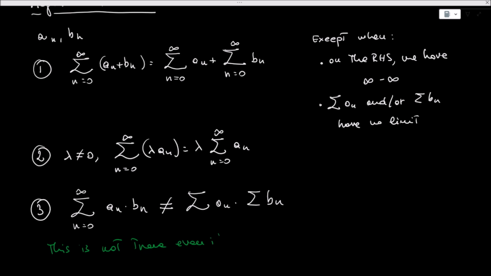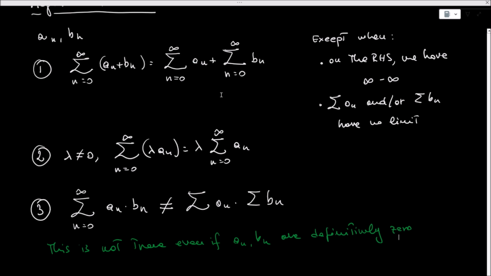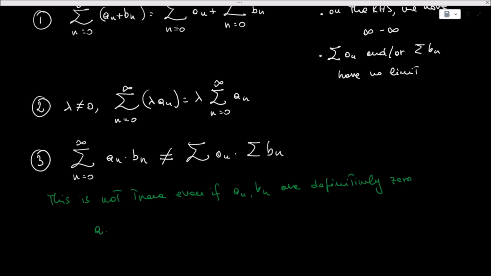even if an and bn are definitively 0. So what I'm saying is that we would expect now that, for example, we have a0, a1, a2, and after 2 we have 0, 0, 0, 0, and on the other side we have b0, b1, b2, b3, and then we have 0, 0, dot, dot, dot.